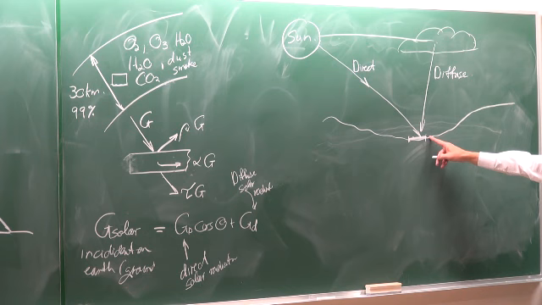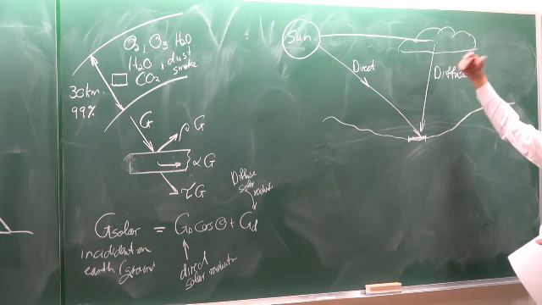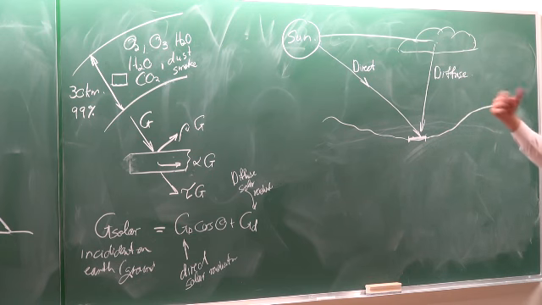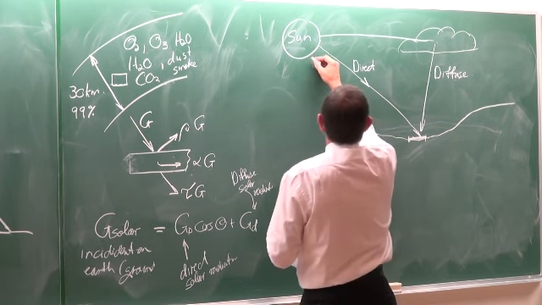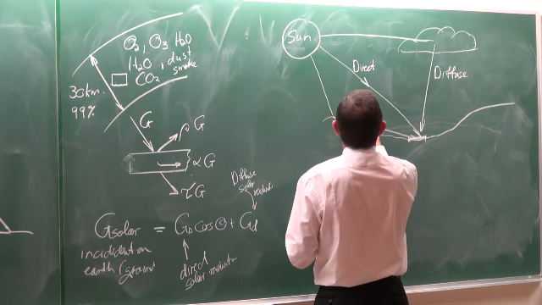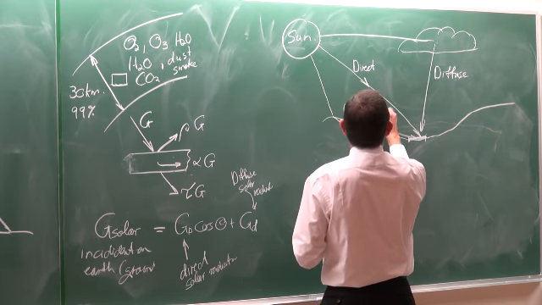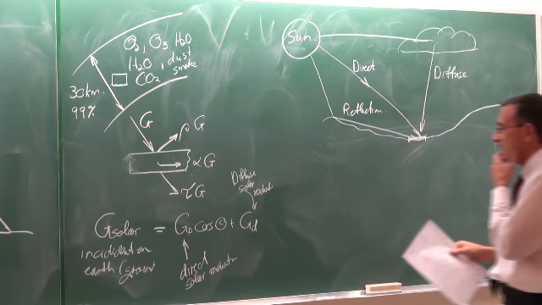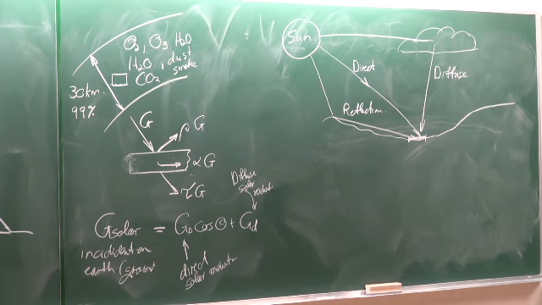So it would depend also from day to day on the weather. If there's clouds or rain or whatever, then it would influence this component of the diffuse radiation. And then the third component would be reflection, like that. So those are the three components of radiation that we can get.